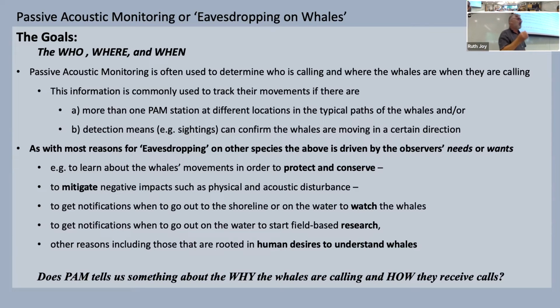It's much easier if you have other data to corroborate that information, such as sightings. But what is important to keep in mind, if we want to use that information to mitigate impact, is that we also need to know a couple of other things that are not necessarily easily coded within the acoustic data alone.